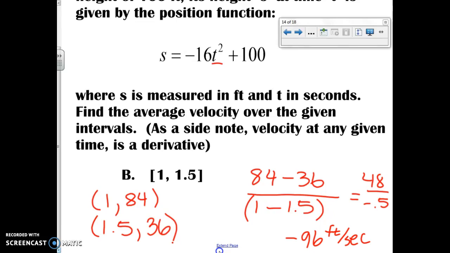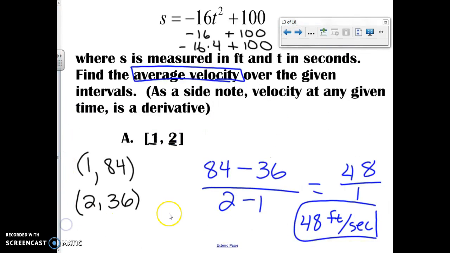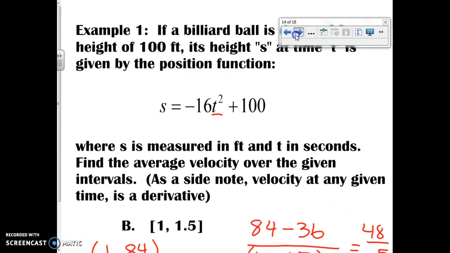So it is dropping. That ball is dropping at a rate of negative 96 feet per second. So the negative just means we're dropping. I think I dropped my negative on this side. Yep, I definitely did. We're going to fix that. So if I start with the 84, I needed to start with the 1. You probably caught that. But all it's going to do is make it negative, meaning it's dropping at that rate. So that's an easy enough fix.